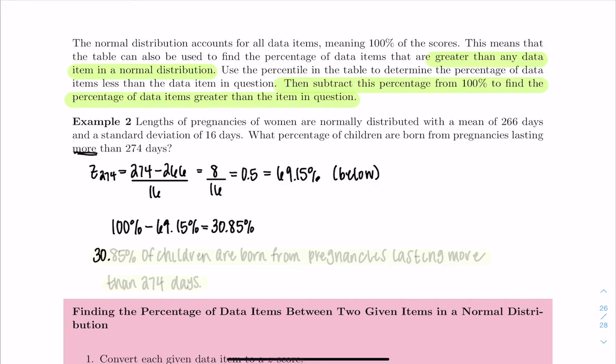So this means that 30.85% of children are born from pregnancies lasting more than 274 days.